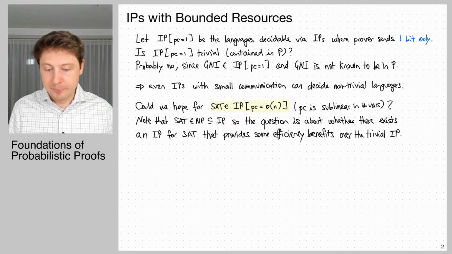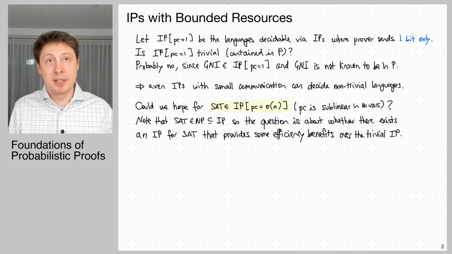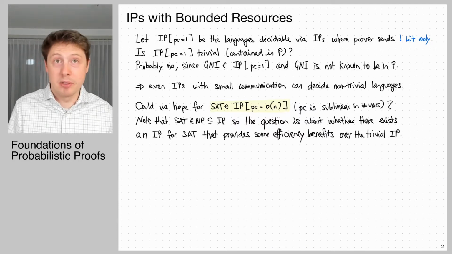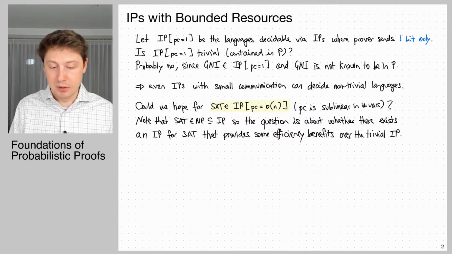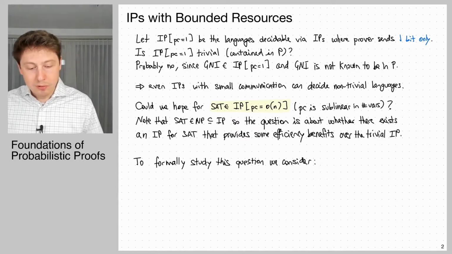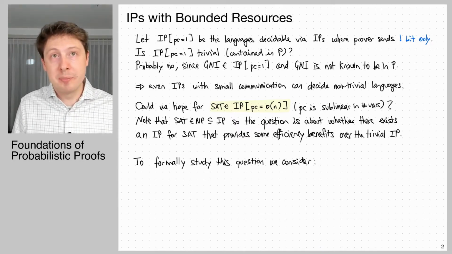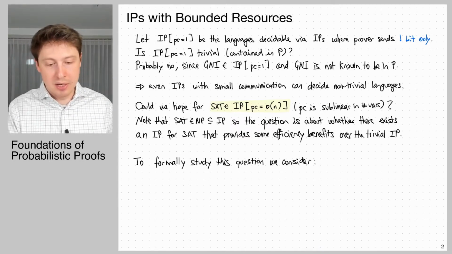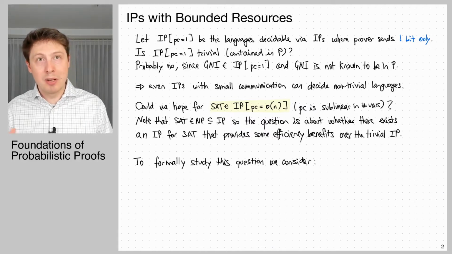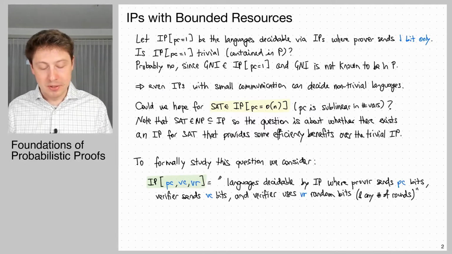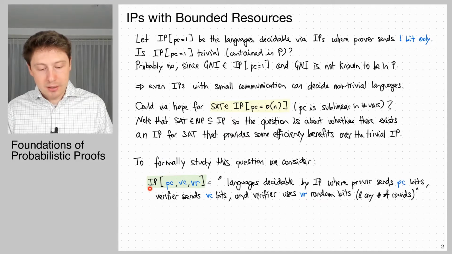So this is what I just said. We know that SAT is in NP, so there's a trivial interactive proof. We're asking, is there one where, by using interaction, we gain somehow, maybe in communication? To formally study this question, we're going to define parameterized complexity classes, for example with prover communication, but we'll add a couple more parameters because it will help us understand it. So we're going to define the complexity class with PC for prover communication, so PC bits.